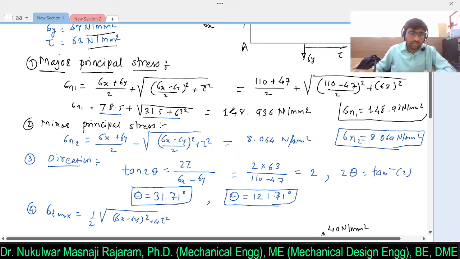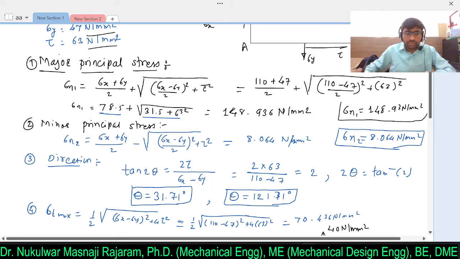This is also a maximum shear stress formula, just I am taking 1 by 2 outside the under root. If you put the value of sigma x, that is 110, minus sigma y, 47, square, plus 4 into 63 square, then it is near about 70.436 Newton per mm square.